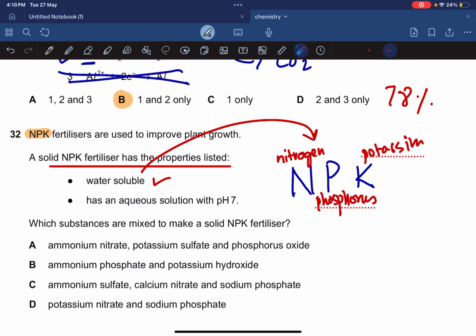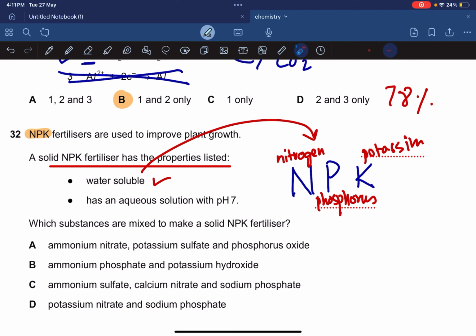Okay, that's some biology. Moving on, has an aqueous solution with a pH of 7. You need pH 7, which means it's neutral. Which substances are mixed to make a solid NPK fertilizer?